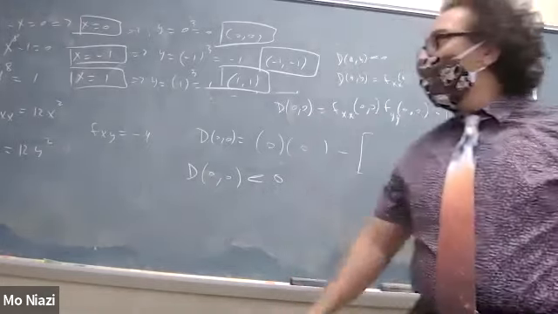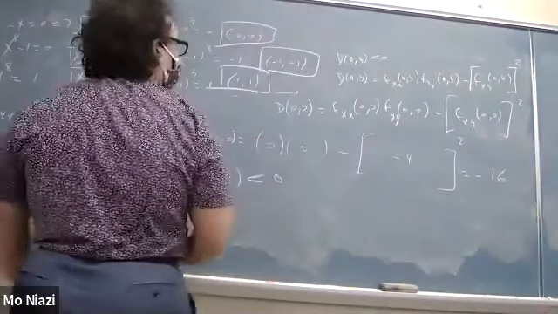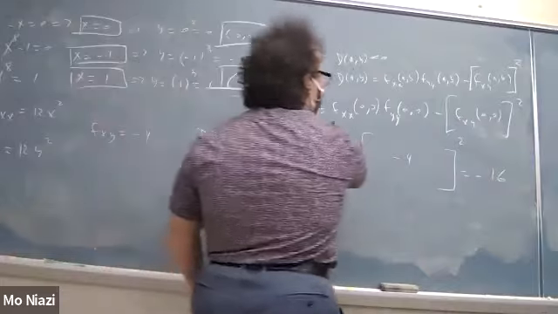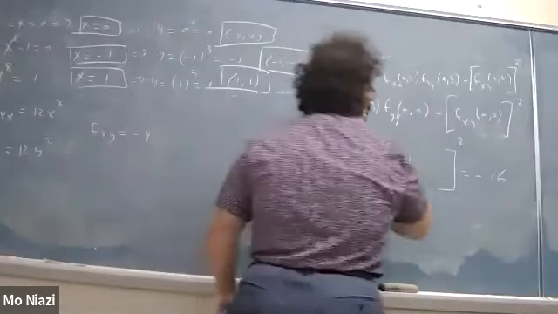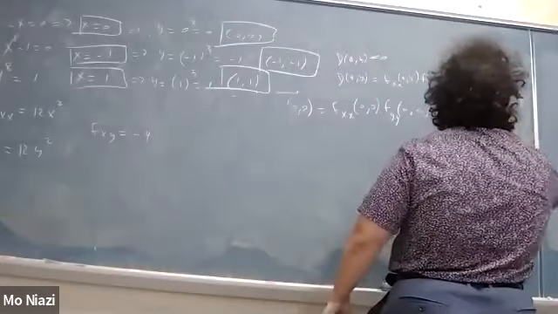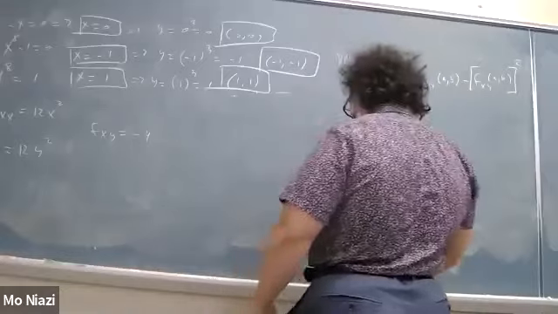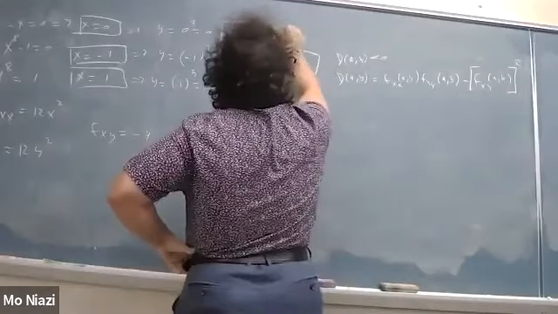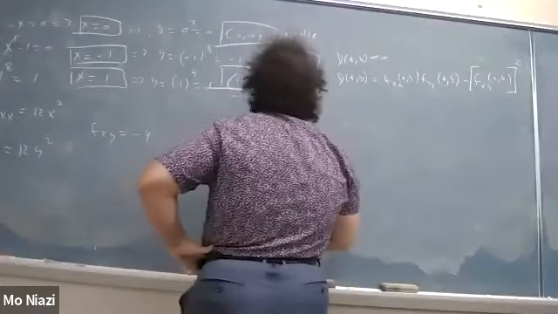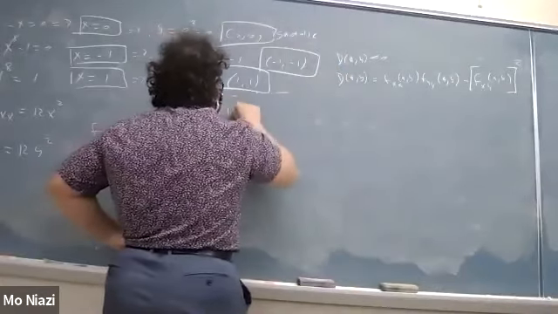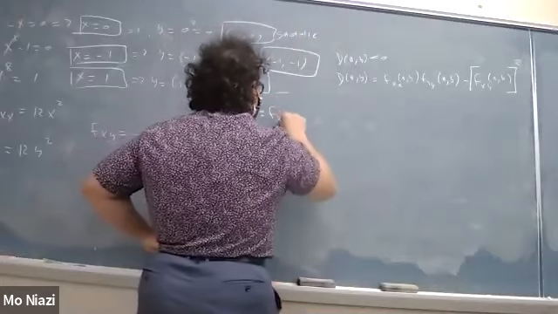What about the other ones? Let's check. So this is a saddle point right here. What about -1, -1? What is D of -1, -1? Well, that's this.